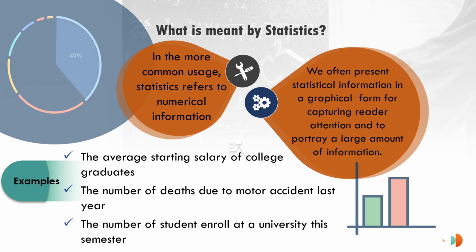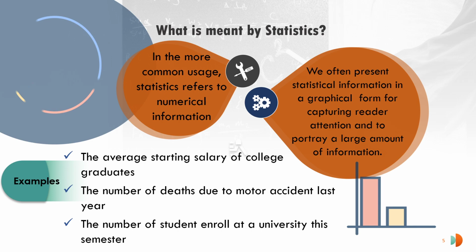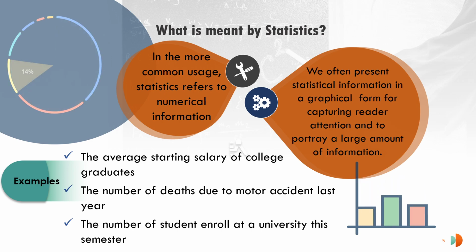This 3,000 ringgit is what we refer to as numerical information, so that we may use it for university reference and so on. That's basically the common definition of statistics.